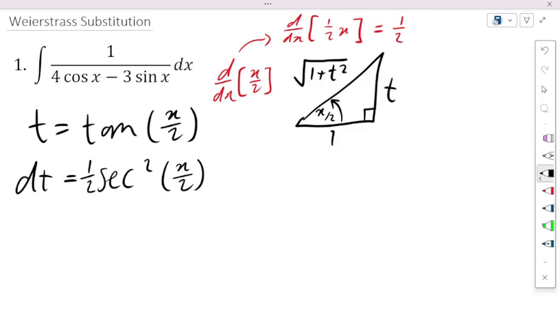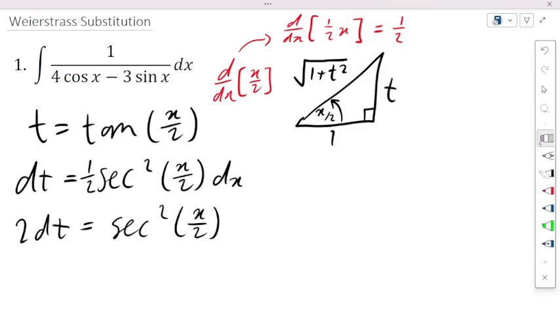And also we have this with respect to x. So there's our dx. Now we just need to solve for dx. So let's just take this 1 over 2 over to the other side. We multiply both sides by 2, so that we'll be left with dt is equal to, and now the half will cancel, and then we'll have secant square of x over 2 dx.